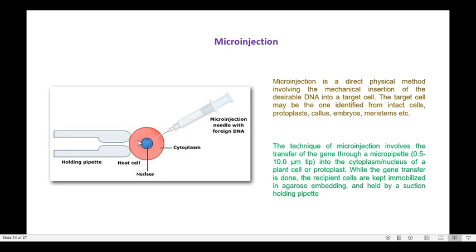While the gene transfer is done, the cells are kept immobilized in agarose or held by a suction micropipette, called the holding pipette, so that the cell will not move and we can do the microinjection. Then we can produce the transgenic cells.